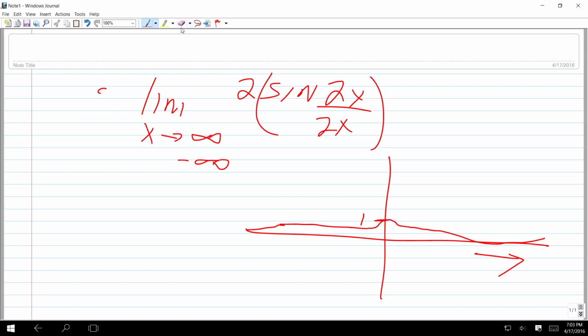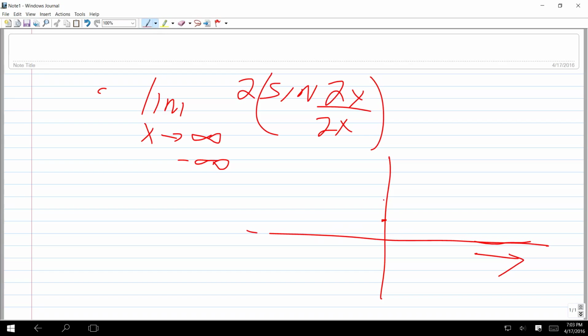If I were to graph that, it would look very similar to what I have now. The 2 is really a horizontal factor.